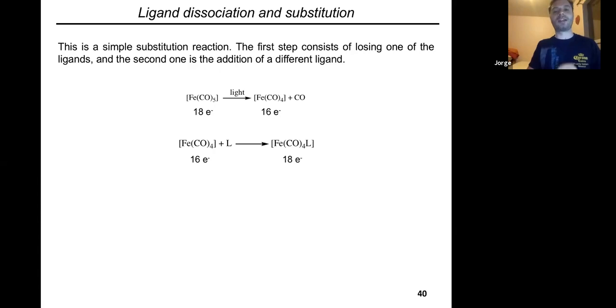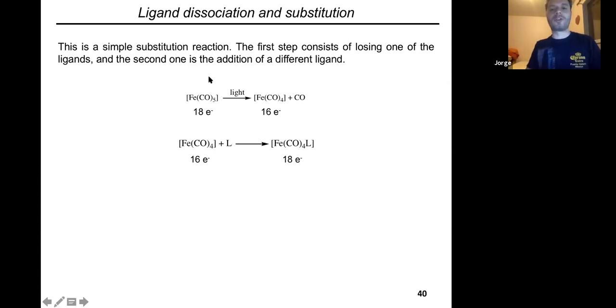Okay, so let's take as an example here the reaction of pentacarbonyl iron 0. So pentacarbonyl iron 0 is an 18 electron species. So we are going to review a little bit later how to get the 18 electron species and how to make sure a compound obeys the 18 electron rule.